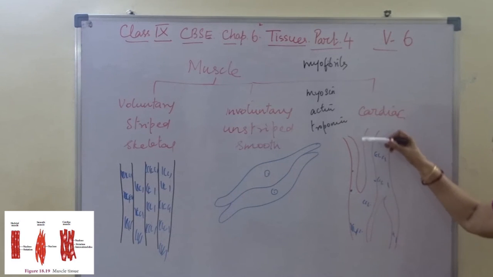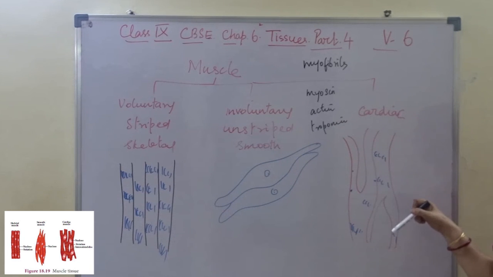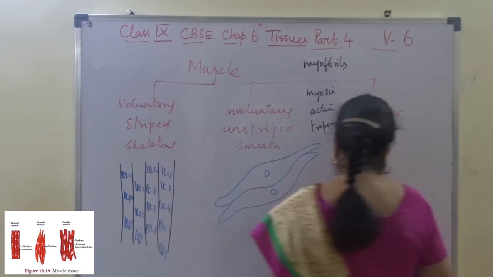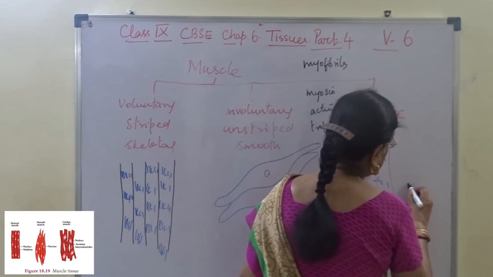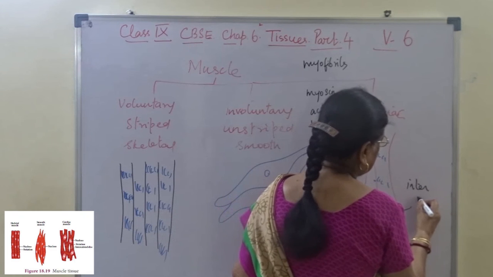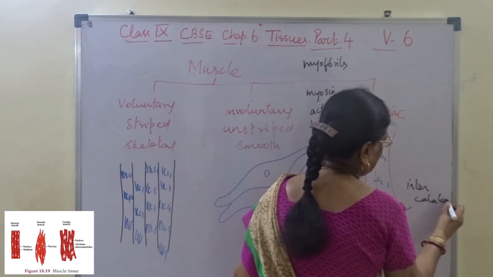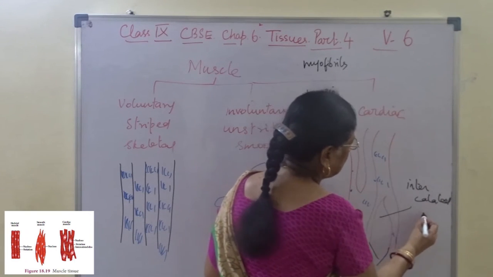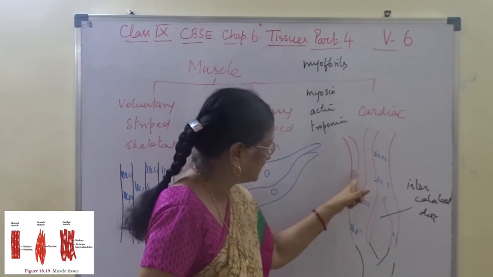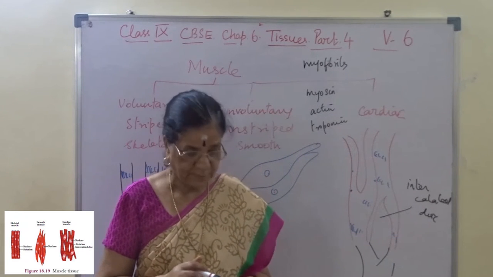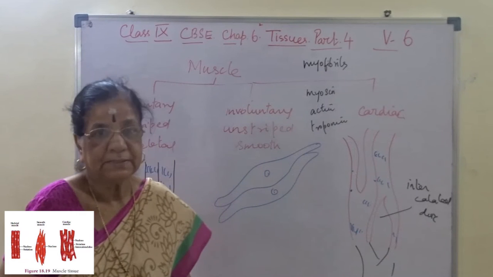When one branch joins with another branch, this is called an intercalated disc.